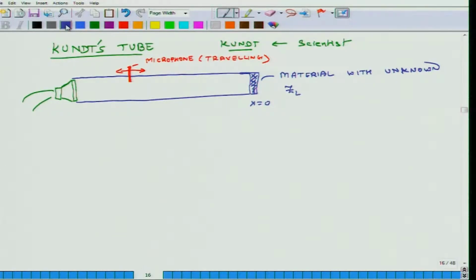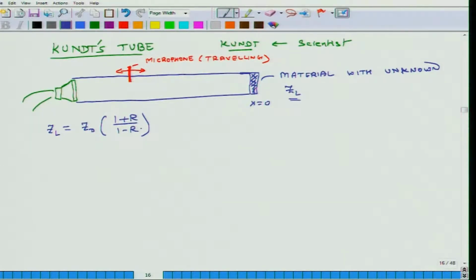Now let's figure out how we can, using this apparatus, calculate the impedance of this material, which is right now unknown. We will start with what we learnt in the last class. We had learnt that at x equals 0, ZL is the impedance, and ZL can be expressed as Z0 times (1 plus R) divided by (1 minus R).